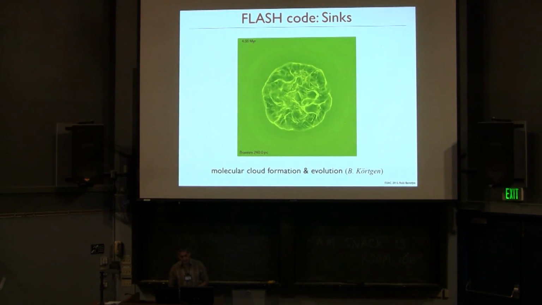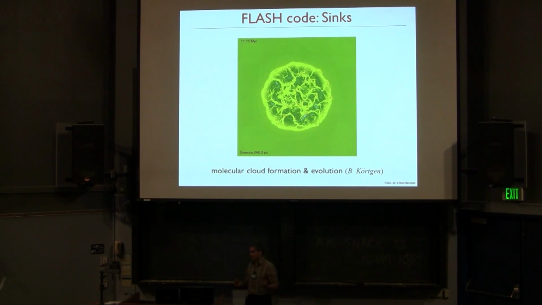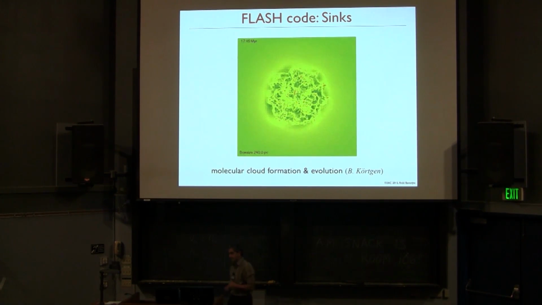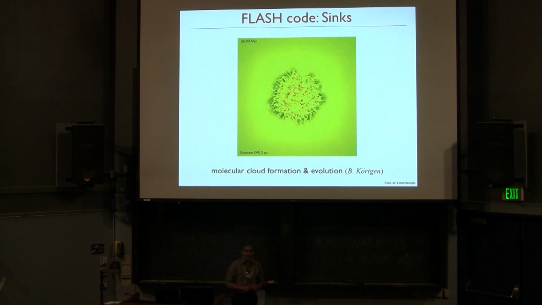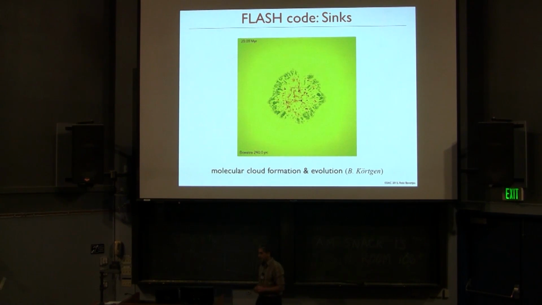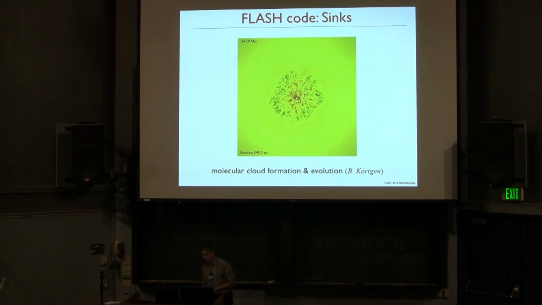Here's an application on a larger scale. We are talking about the formation of a molecular cloud core in what is called a colliding stream simulation. These are numerical experiments where you convert atomic gas into molecular gas, and in the same process you start to form stars.